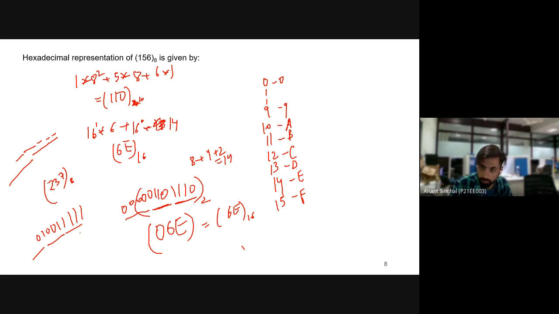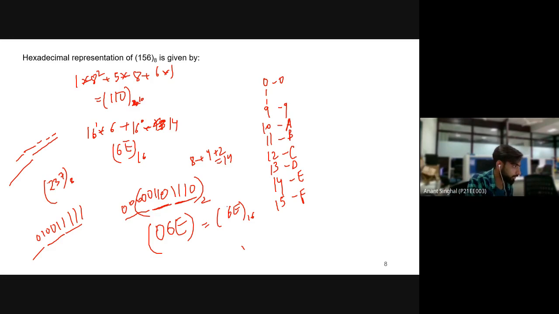Okay, I got one answer which is 9F. Anyone else? Okay, Ashwani is also getting 9F. Dhruti is also getting 9F.